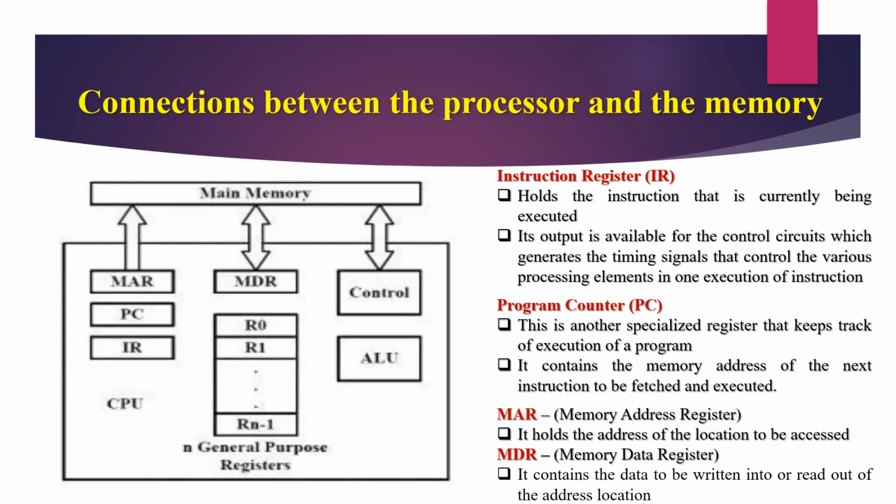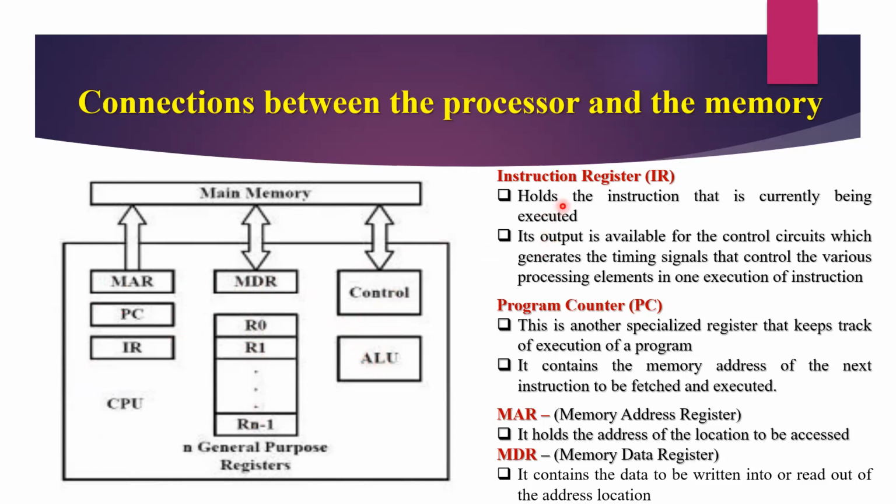The second one is the program counter, PC. Then MAR, the memory address register. MDR, the memory data register. Then R0 to Rn-1, which are the general purpose registers. Then the control unit and ALU. We will see them one by one.